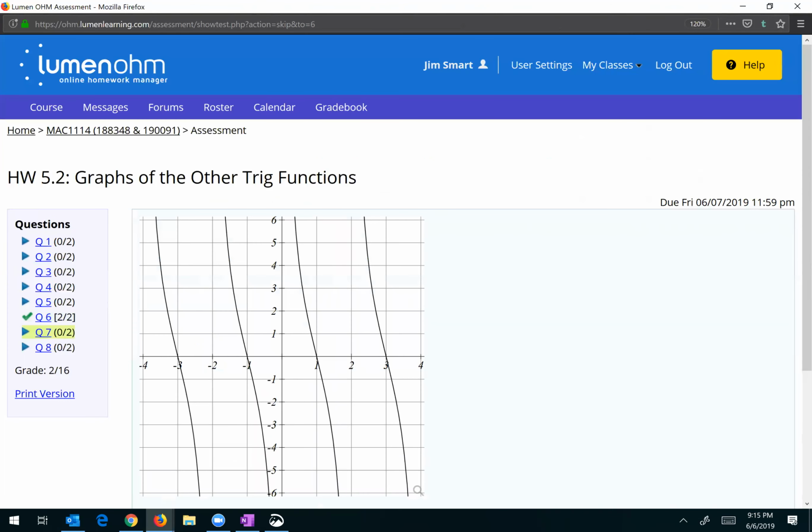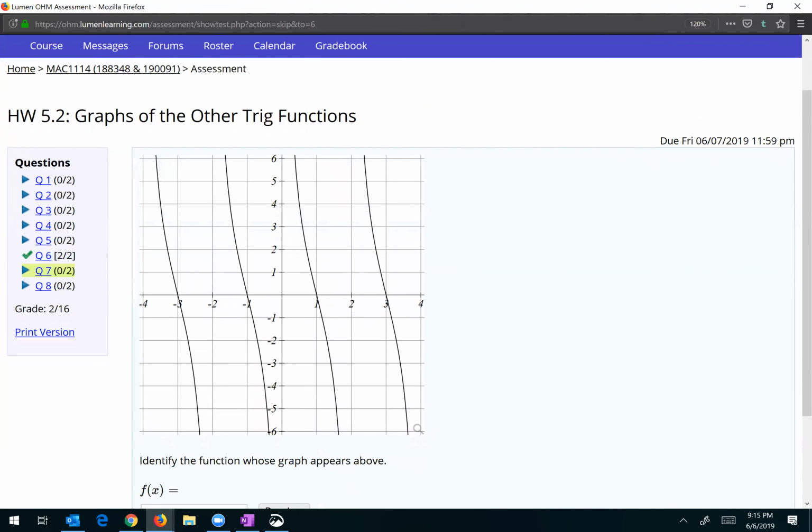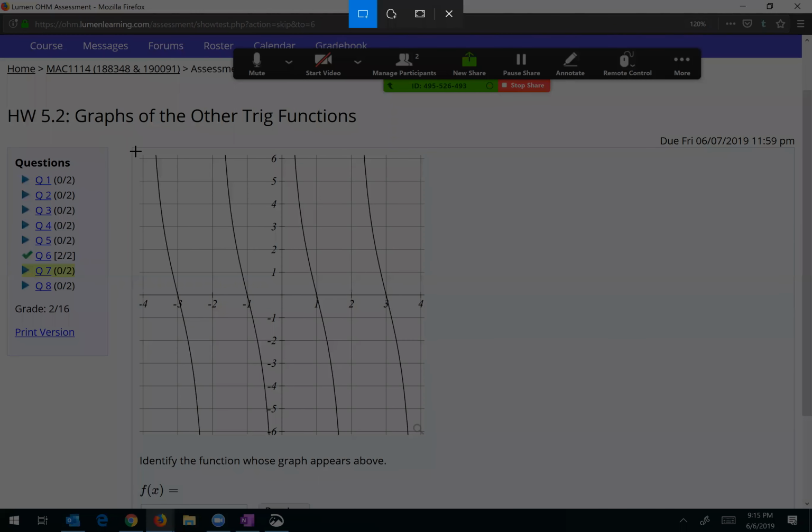And so let's see, here's another one. This also has an asymptote on the y-axis, so I would call this cotangent. But this time the period is 2, because the next asymptote is at 2. All right. Let me actually, again, grab this one so I can sketch on it as well.